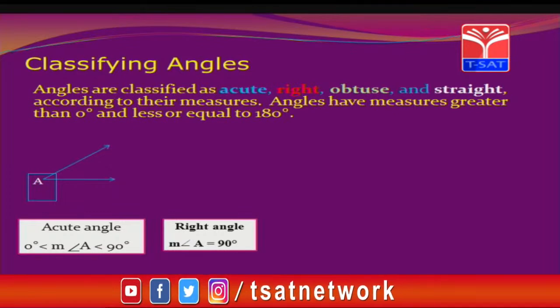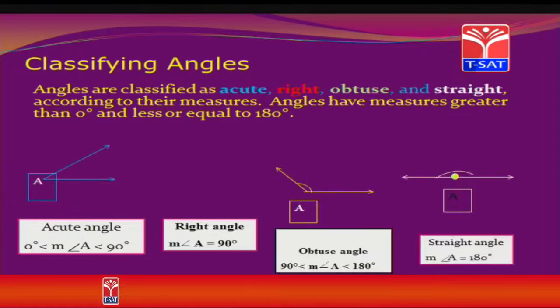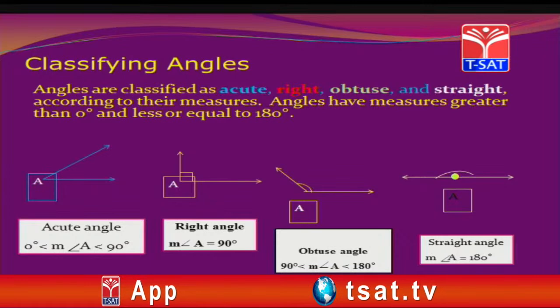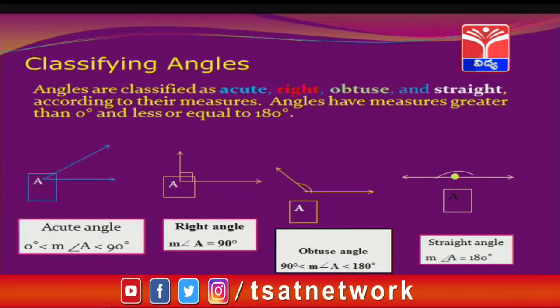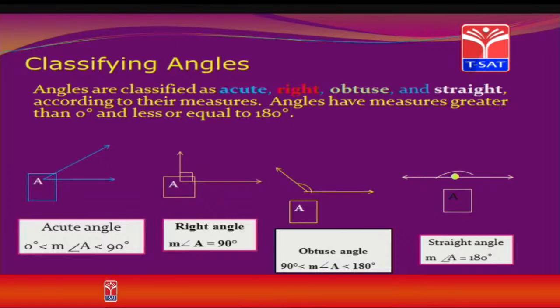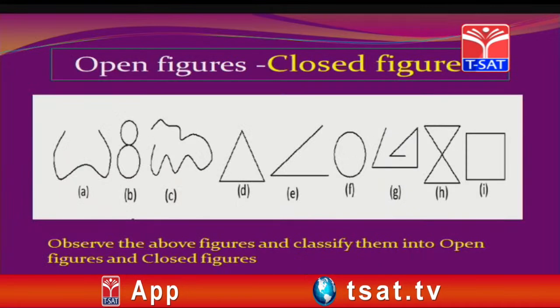And one more, right angle, which is exactly 90 degrees, obtuse angle which is more than 90 and less than 180, straight angle which is equal to 180 degrees. These are the different types of classification of angles you can recollect from your previous classes.